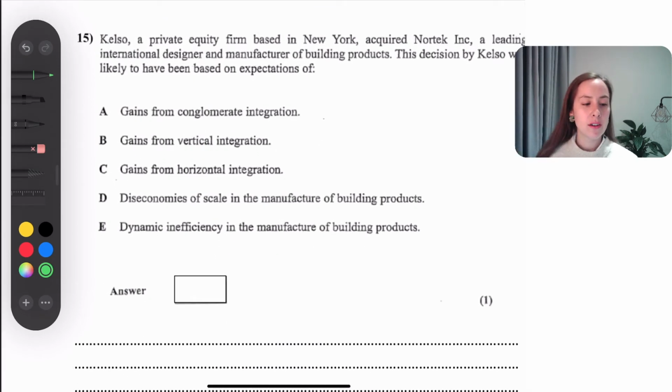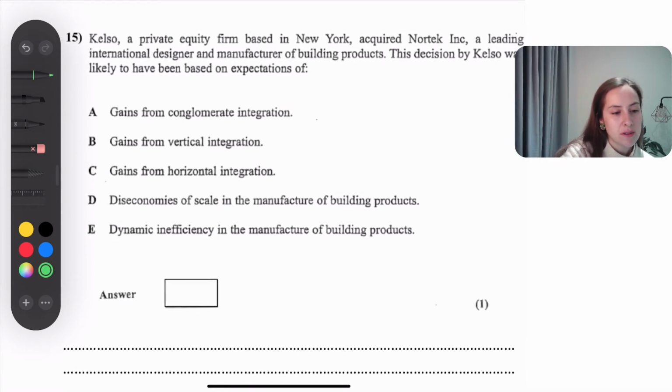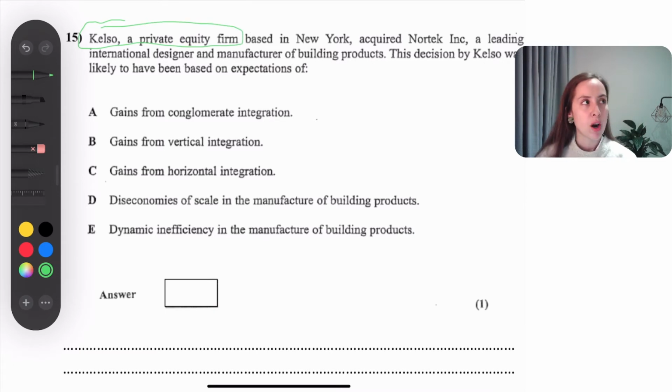Okay, this one I found a little bit confusing, but here's my thinking, and you might disagree with me. Kelso is a private equity company, and private equity companies are companies that buy other companies to refurbish them, to improve them, or tear them apart into chunks and resell them.